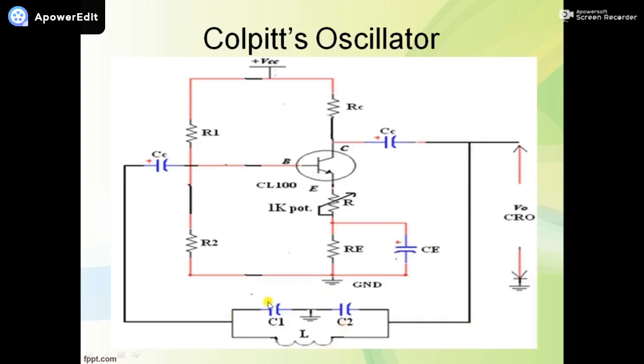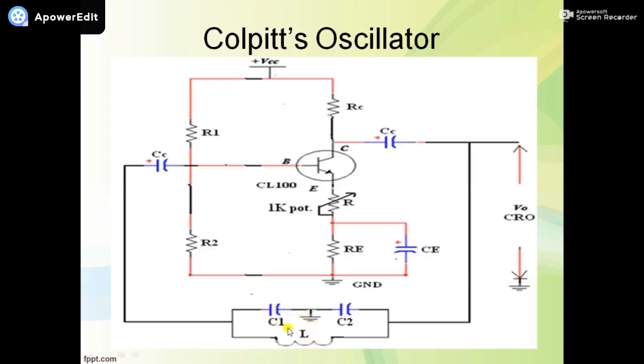So at that time both capacitors C1, C2 become charging condition. At that time the inductance is in discharging condition, because C1, C2 store the electrical signal, while the inductance stores the magnetic field.